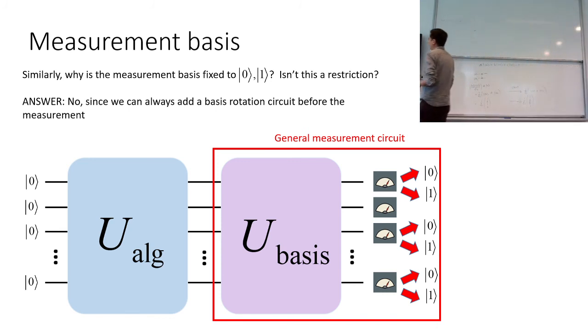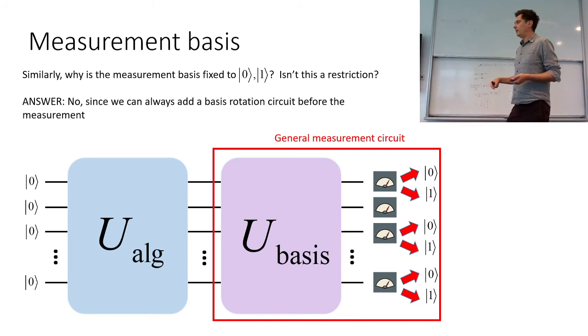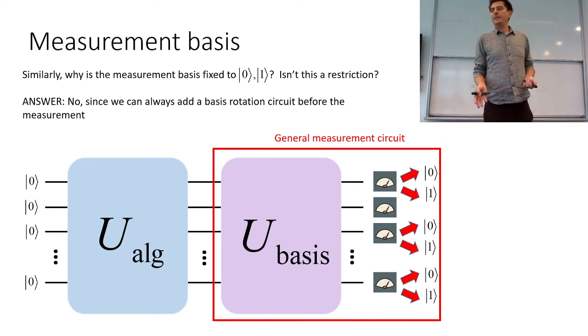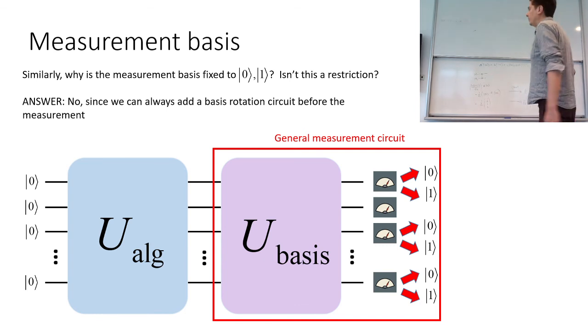The reason why is a little bit similar to the preparation argument, which is that we can always put a little basis rotation circuit before the measurement. If we consider the thing in the red box to be our more generalized measurement in some other basis, then all this stuff in the red box can be considered the generalized measurement.